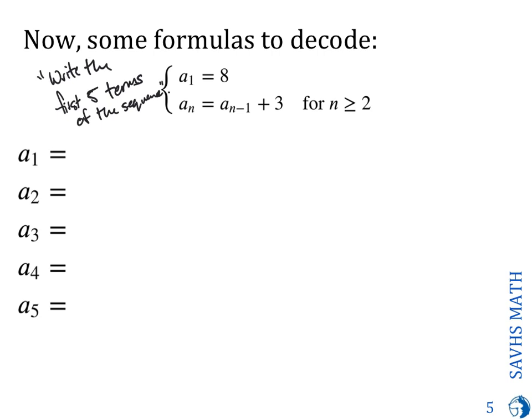First, I want to talk about what all of these things on the screen mean. I'm going to start with the A. The A is just the name of the sequence.